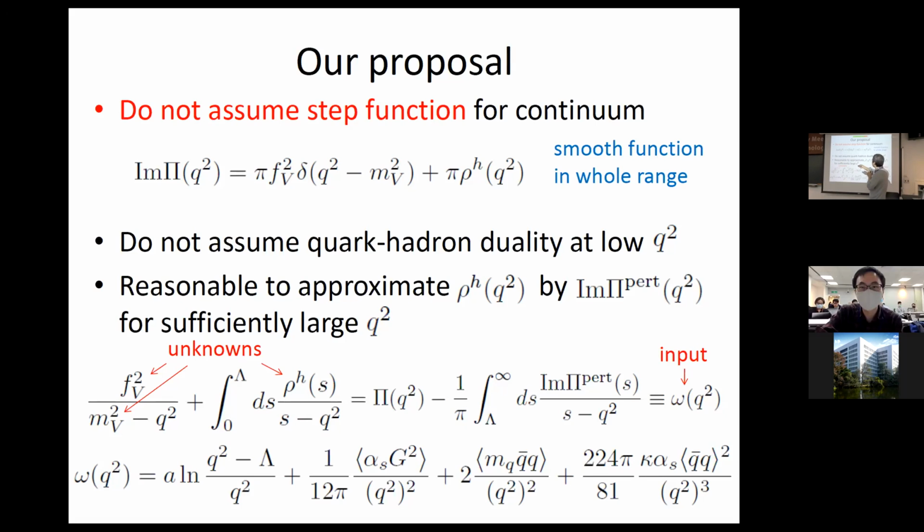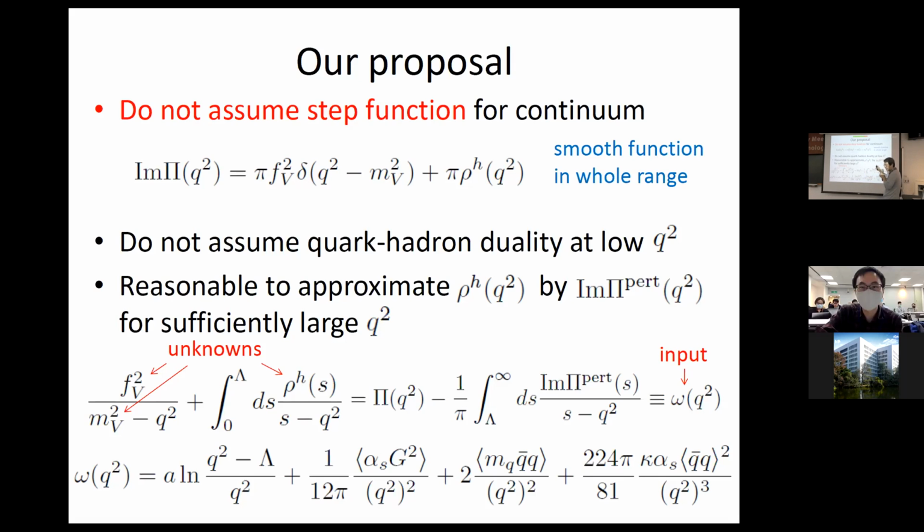But certainly we know that this quark-hadron duality should hold when the Q square is large enough, say a few GeV, say 5 GeV, then this quark-hadron duality is reliable. We know that. So we use the quark-hadron duality for the high Q square. Then we separate this dispersive integral of this unknown spectral density into 2 pieces: the low energy piece and the high energy piece.